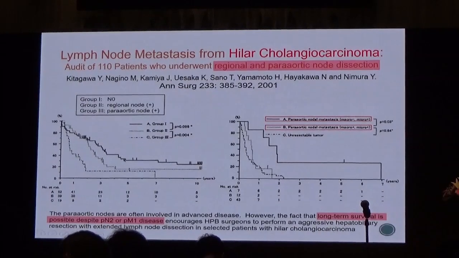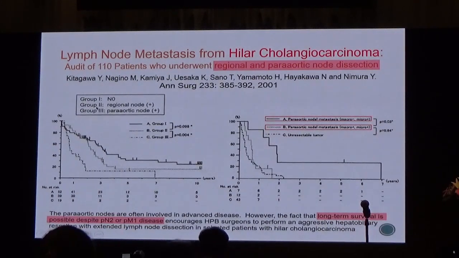Group A is negative lymph node metastasis. Group 2 is regional lymph node metastasis. Group 3 is para-aortic lymph node metastasis. There is a significant difference in each group.